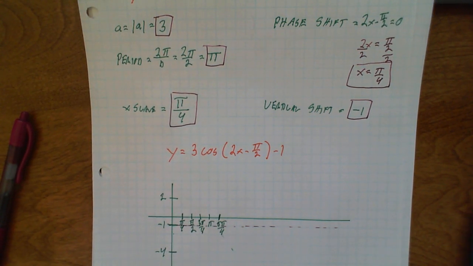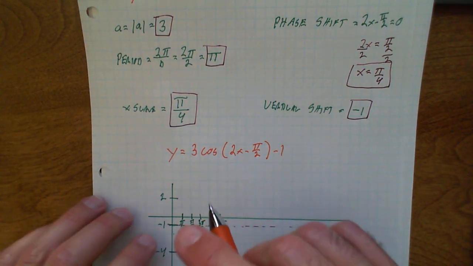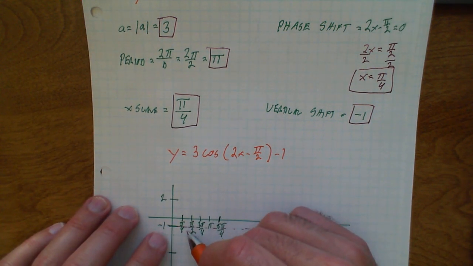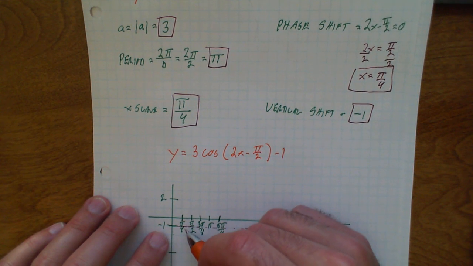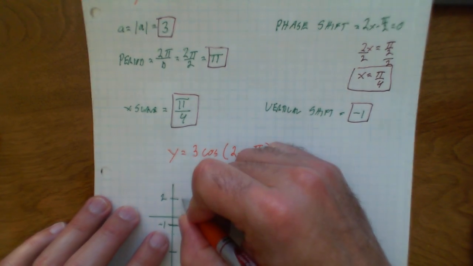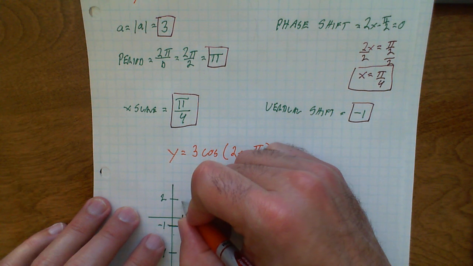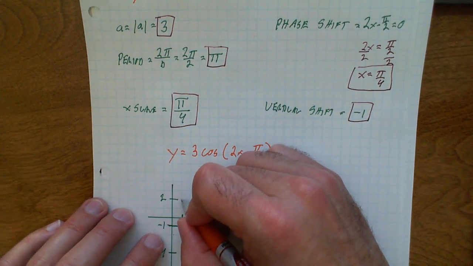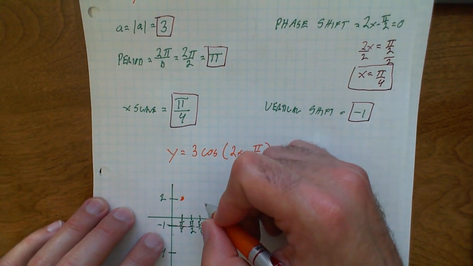Okay? So now we just do our cosine graph. How does cosine graph? You remember that? So let's do our first point. Cosine is going to graph at 1, but because of our scaling, instead of 1, we're going to be up here. The amplitude says we go here. Start here.